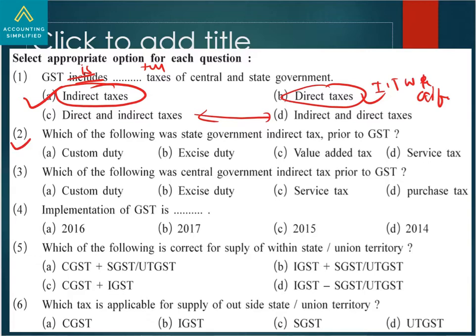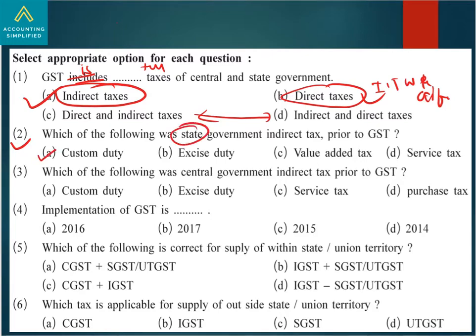Second MCQ: which of the following was a state government indirect tax prior to GST? Do you remember that slide where the state taxes were subsumed? If you remember, you are able to give this answer. Custom duty was levied by the central government, right? We are discussing the state government.